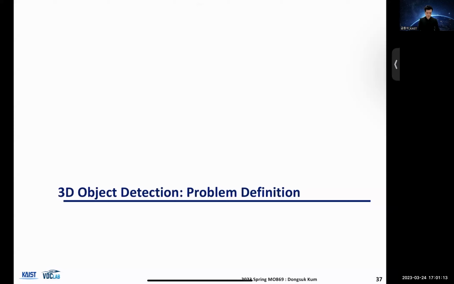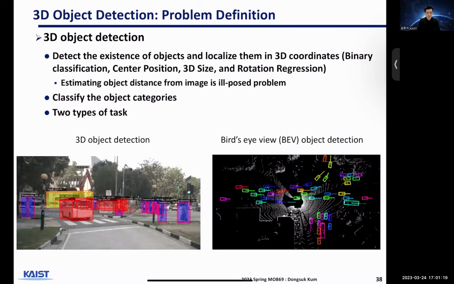All right, let's continue. 3D object detection. The 3D object detection problem is different from 2D object detection. Unlike 2D object detection, 3D object detection requires more information to predict.